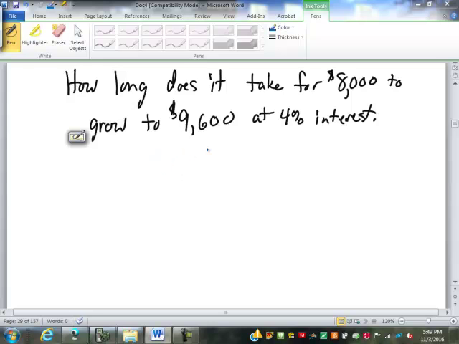Interest equals PRT. How much is the interest? Perfect. 1,600. It grows from 8,000 to 9,600. The difference is the interest. Principal, 8,000. Rate, 0.04, so 4%. We are looking for the time.